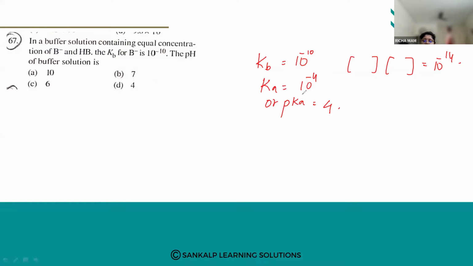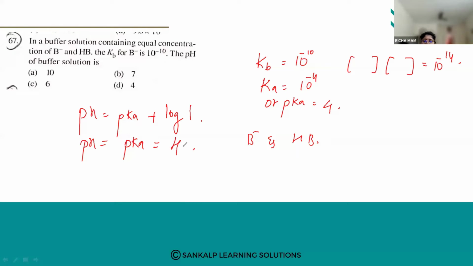pKa will be 4. So if your buffer solution contains equal concentration of B minus and HB, pH will be equal to pKa plus log of 1. So pH will be equal to pKa, which is 4.